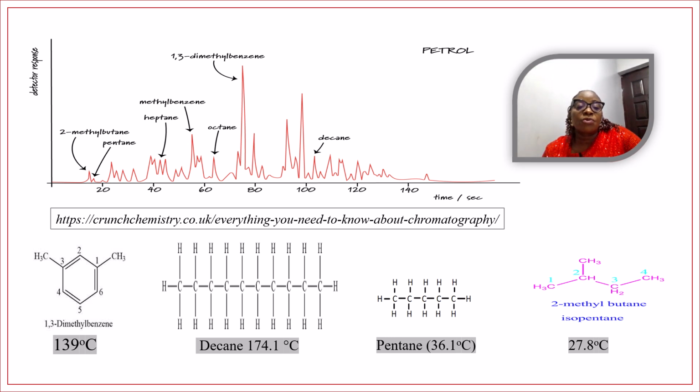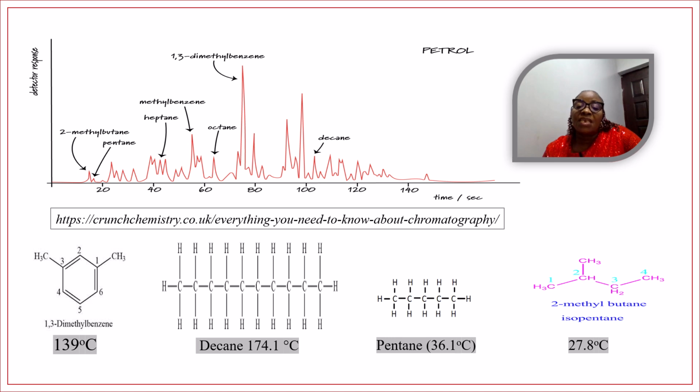And from the chromatogram, we have observed several peaks. It's interesting to note that 2-methylbutane, also called isopentane, eluted first, followed by pentane. And they have boiling points of 27.8 degrees Celsius for 2-methylbutane and 36.1 degrees Celsius for pentane.